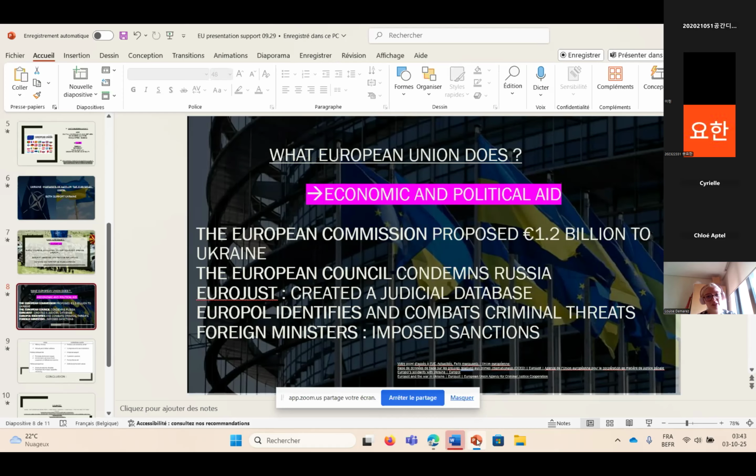They have very different roles, the European Union and NATO, and each one takes care of different aspects in the Ukraine war. And I think that both organizations are complementary, but for me, NATO does not direct or control the European Union.